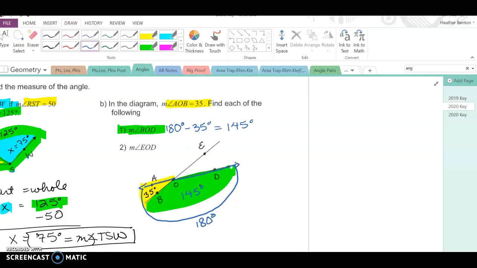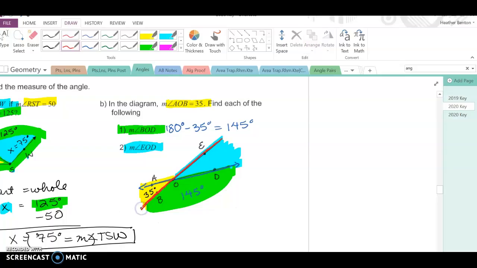All right, so we're going to continue with this problem. Now we're going for angle E to the O to the D. EOD is here. Okay, and again, do we have enough information? There's a couple of different ways to do this. As long as you get the right answer, any of the ways you came up with it are probably fine. One way is to think about this red line right here.